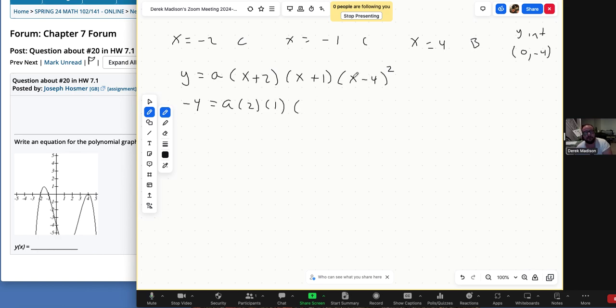Not necessary though. 0 minus 4 would be -4, and then careful not to lose that squared, and people do that a lot. So -4, and then -4 squared would be 16, positive, because we're squaring the negative, and 16 times 2 would make 32a.